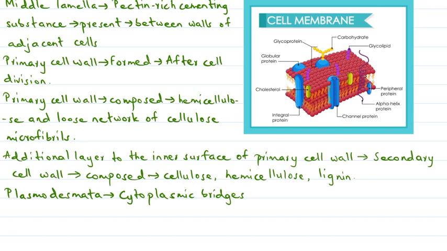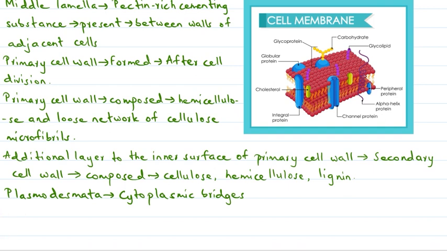Through the cell wall, they connect the cytoplasm of adjacent plant cells and allow the exchange of substances between the living cell contents. So this was about the cell wall present in some of the eukaryotic cells.